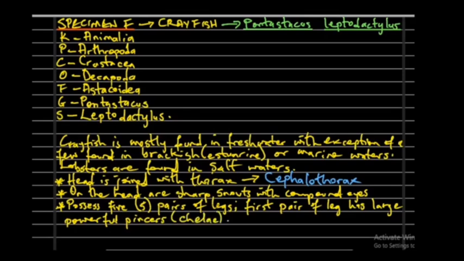Also, we can say that this particular organism has 5 other pairs of smaller appendages that are attached to the abdomen.